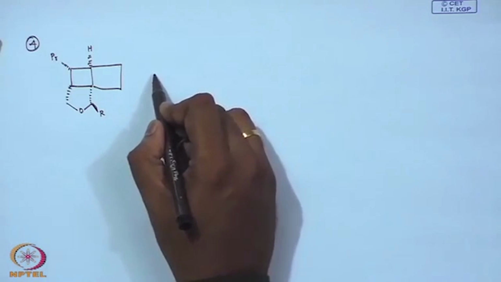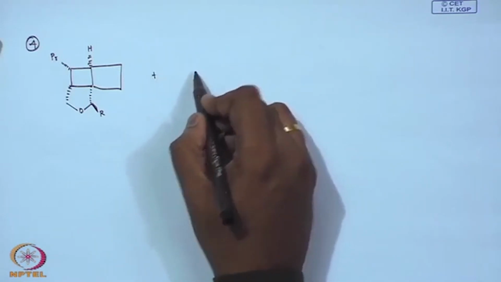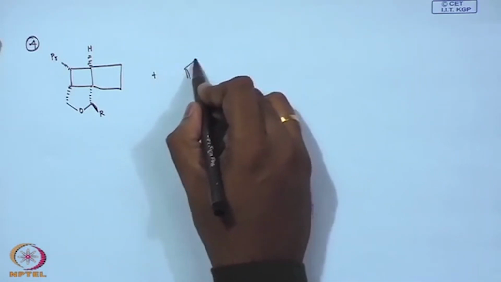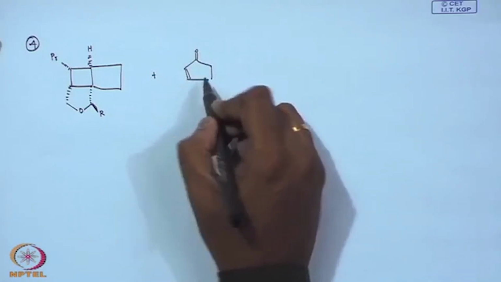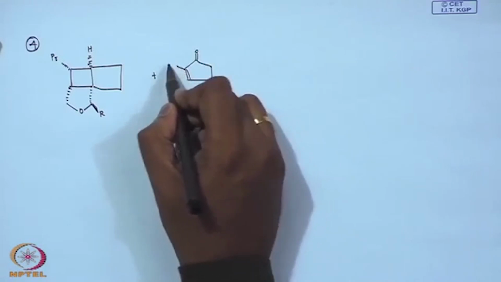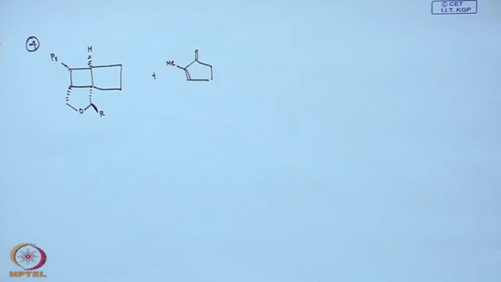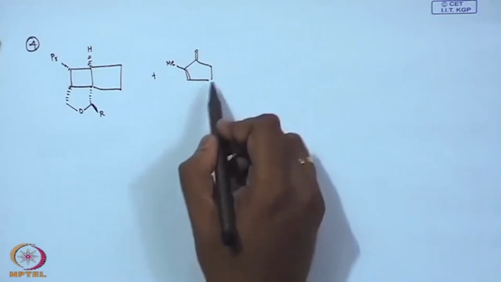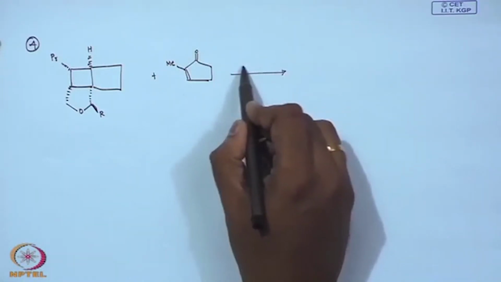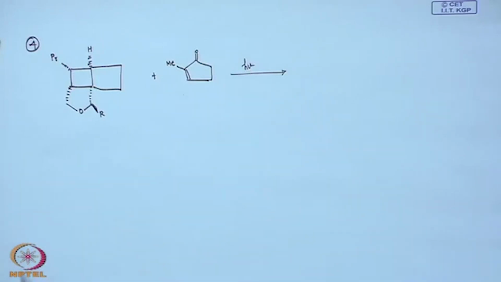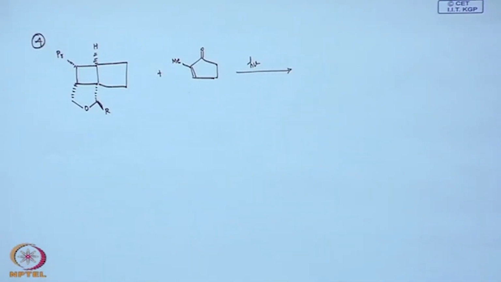I'm going to treat this with this molecule, sort of a cyclohexanone system with a methyl here. So this I am going to photolyze. So what are you going to expect?